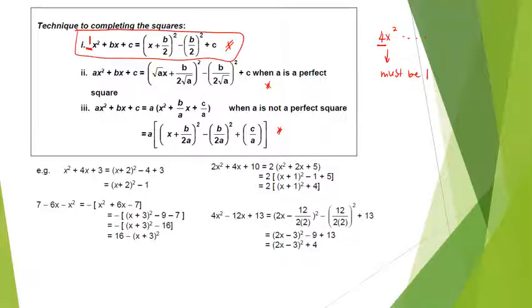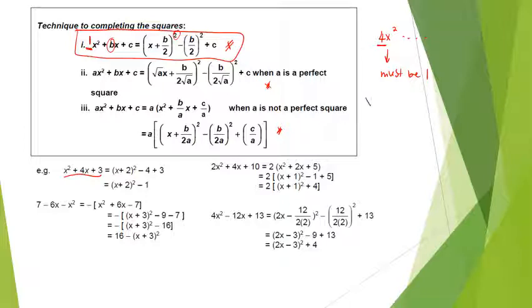So the formula is (x plus b over 2) square, minus (b over 2) square, plus c. Okay, tengok example. So saya buat dulu example ni.